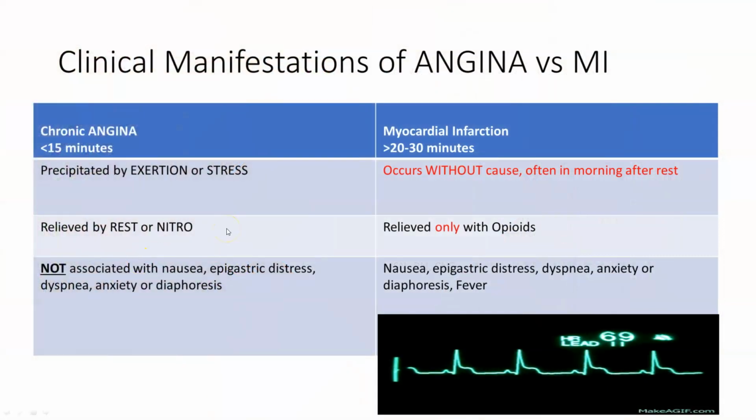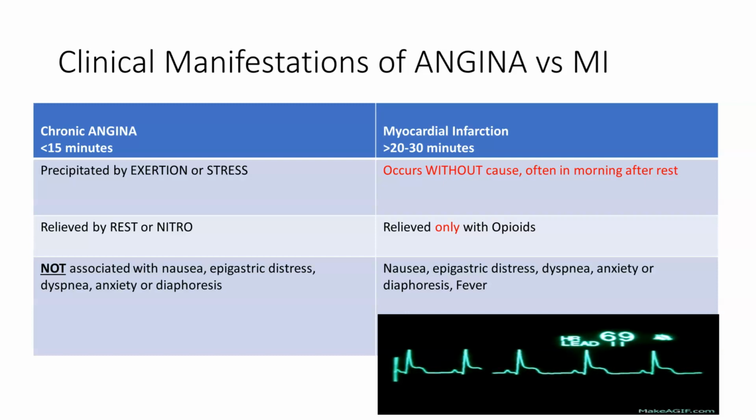A couple of the things that we are going to use to differentiate chronic angina, that chronic stable angina, chronic ischemia, from a myocardial infarction. When we talked about chronic stable angina, we knew that it was going to be precipitated by exertion or stress, right? There is an underlying reason that I'm having chest pain.